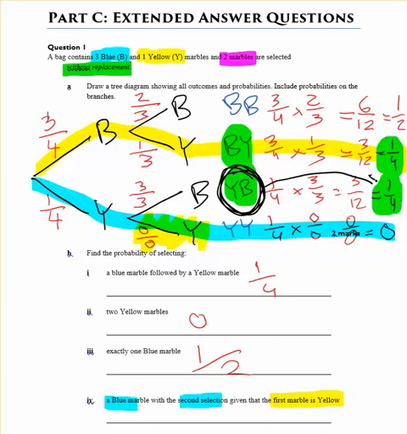And we can see that the probability is a quarter. So the probability of getting a blue marble with the second selection, given that the first was a yellow, is a quarter.